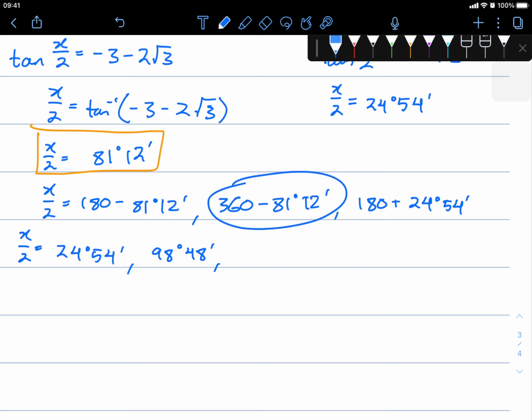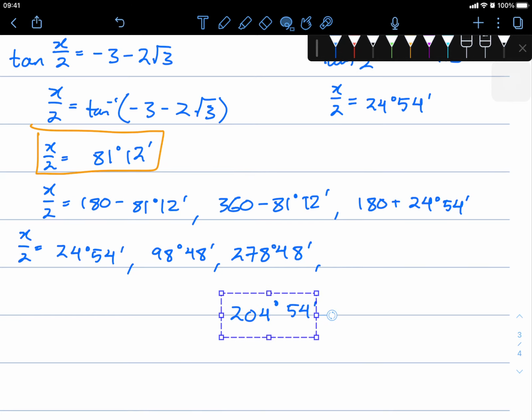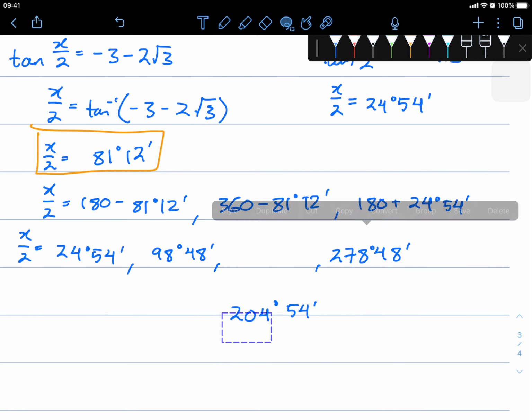So we're answering this one now. 278 degrees, 48 minutes. And lastly, 180 plus 24 degrees 54 minutes. That's 204 degrees, 54 minutes. Just realized it's in the wrong order. Tried getting it in increasing order here.